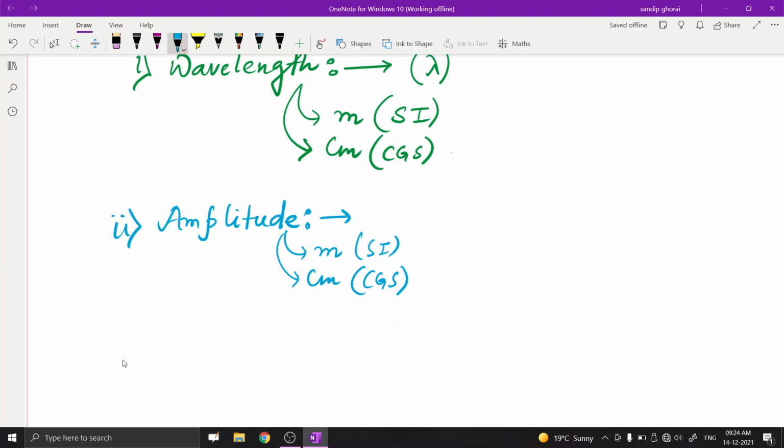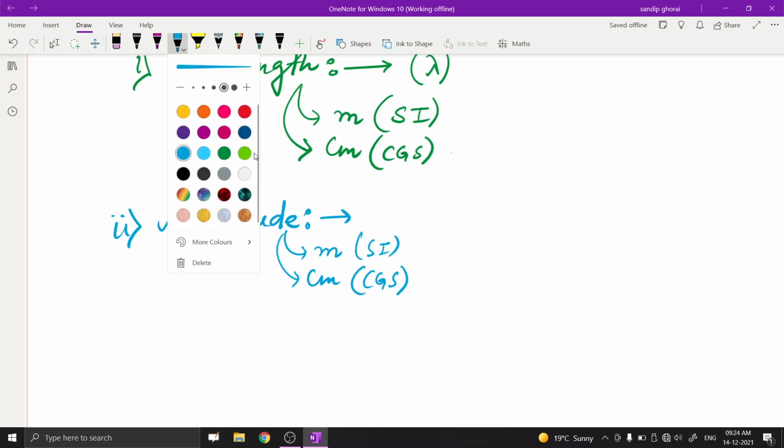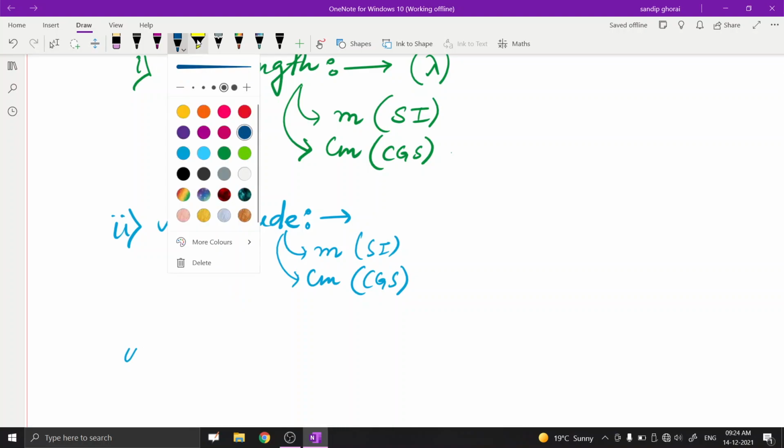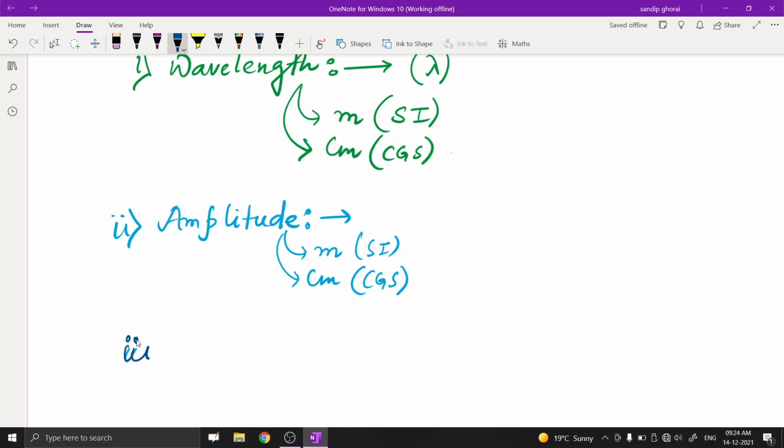Now we move to our next point, the third one, oscillation. What is the definition of oscillation? One complete to and fro motion of an object or particle about its mean position is called one complete vibrating cycle, or one oscillation. Suppose we take a pendulum.